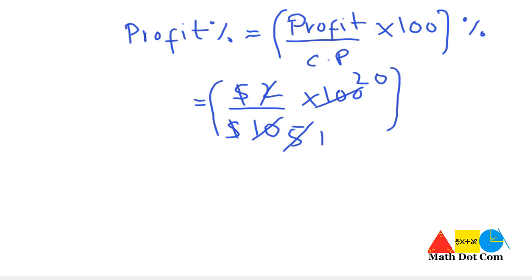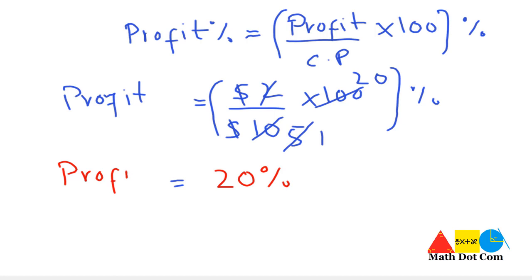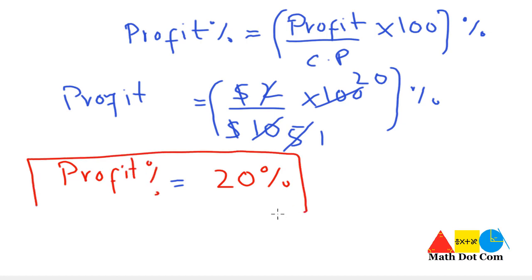It means that the shopkeeper is having a profit of 20%. The profit percent here we have is 20%. It means the shopkeeper is having a profit percent of 20.